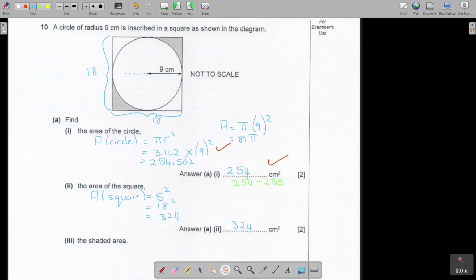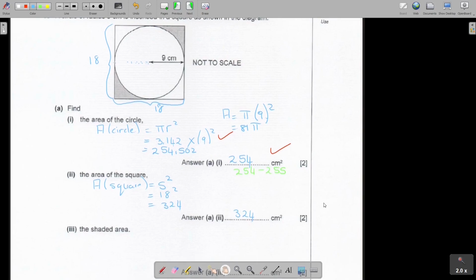324. And now the shaded, and that's what I said to you. If you're going to take the big area, the outside of the square, you subtract the circle, you're going to get these 4 parts. Do you see? But only 2 are shaded. So basically, I am going to subtract it, but I only want 2 of it. So I'm going to divide it by 2.